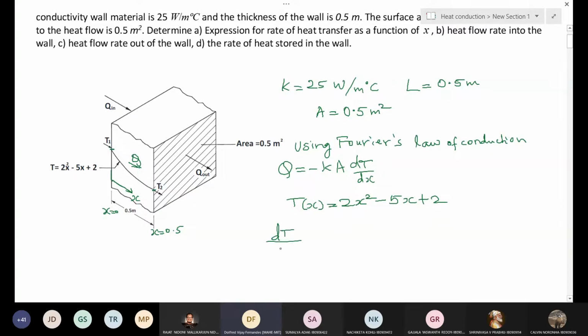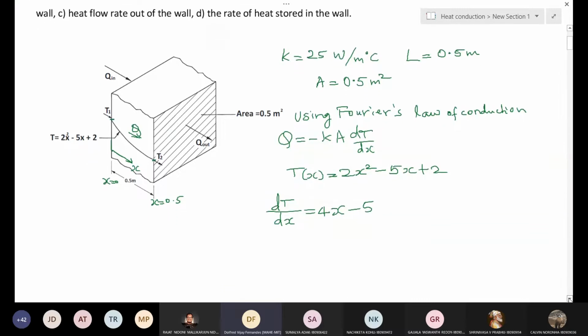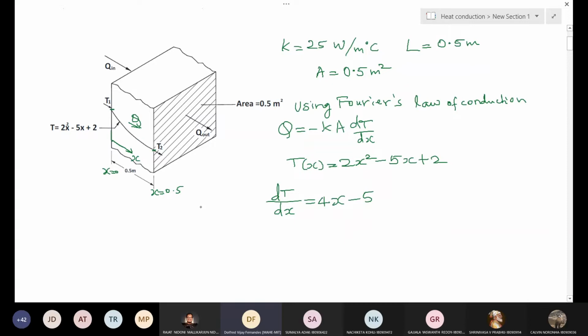dT by dx equal to, so what is the derivative of this function? 2x squared, if you differentiate with respect to x, is 4x, minus 5. Yeah, 4x minus 5. Now you can substitute into this formula and write the heat transfer as a function of x.